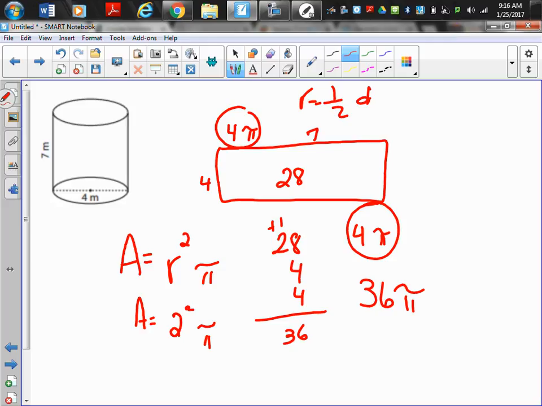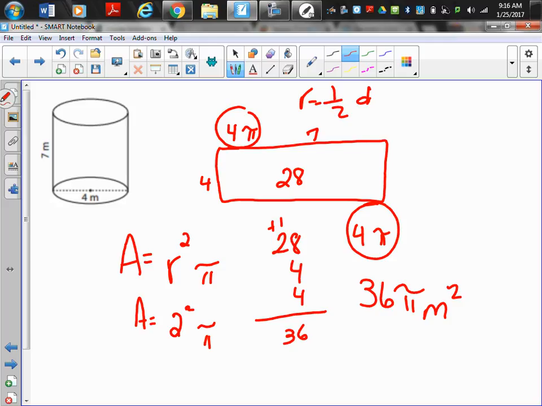Each circle had an area of 4 times pi. You add 4, 28, and 4. And then put the pi symbol after it. Brittany: When we get our final answer, do we still put square? It is units squared. Good question. So this would be 36 pi m squared.